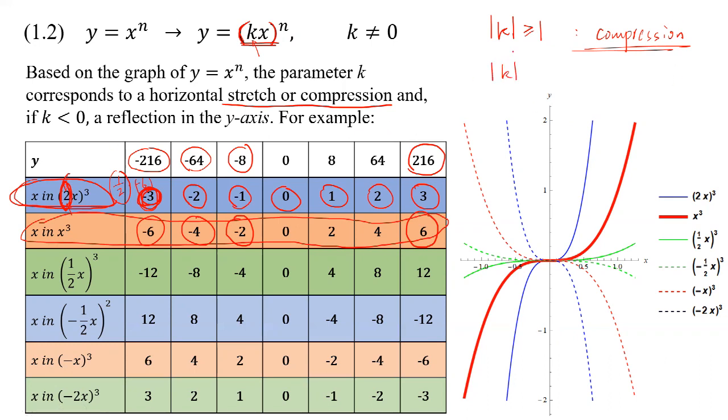Whereas when the absolute value of k falls between 0 and 1, it corresponds to a horizontal stretch. Understand? And if k is negative, it is a reflection in the y-axis.